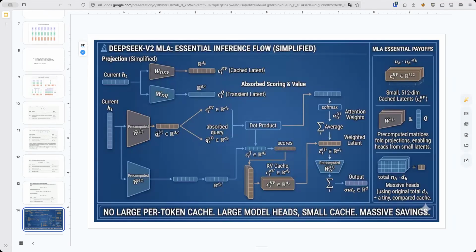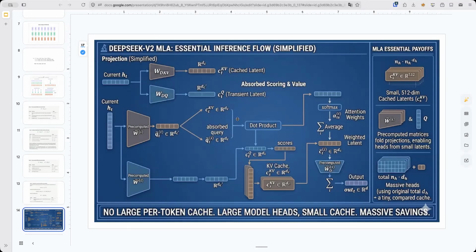And Gemini was kind enough to give me a visual of what's happening there. Once again, we have shared stuff. Our current hidden state produces the cached latent, using the shared matrices for down projection to KV latent and down projection to query latent.